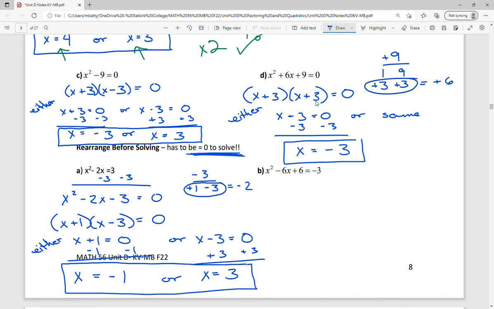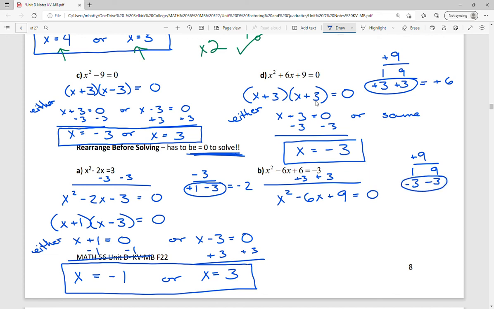Last one to do, we have to make it set equal to 0 first, so I would add 3 to both sides. I would factor this, then apply the zero product principle. So there's no greatest common factor. It is not a difference of squares. I'm going to try the AC test. I'd have 9 at the top of my number puzzle. I'd have 1 and 9 or 3 and 3.